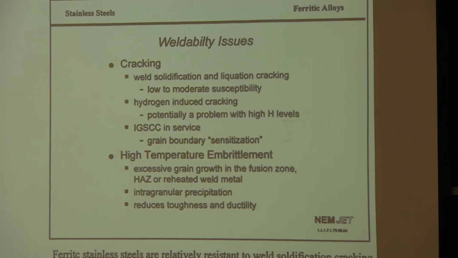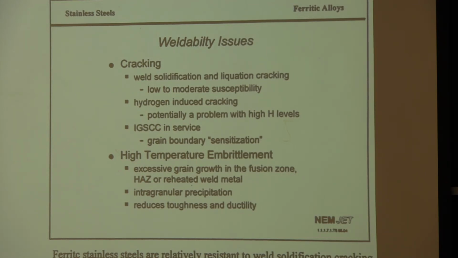Like I said, there's a few different types of embrittlement that can occur, and that's due to a couple of different types of things. It can be due to excessive grain growth in the fusion zone or the heat affected zone.